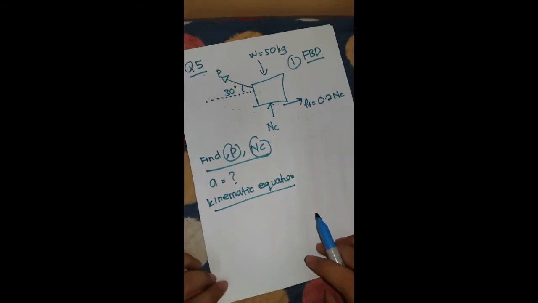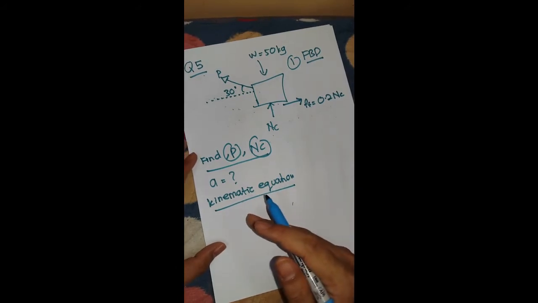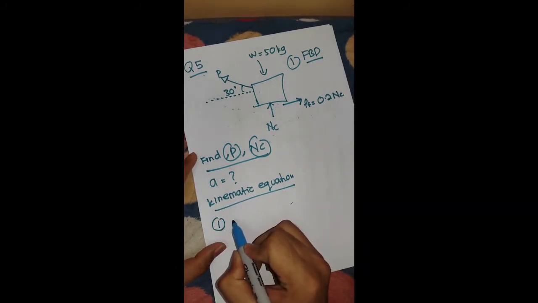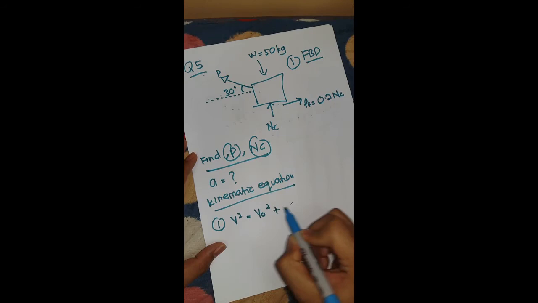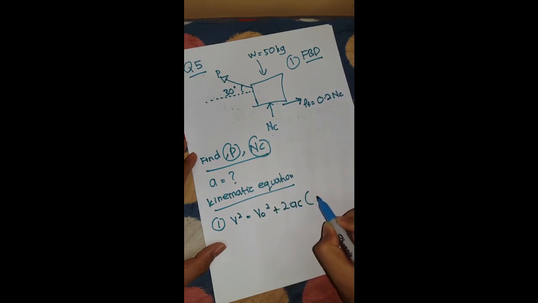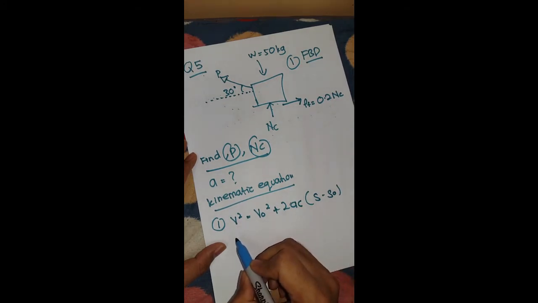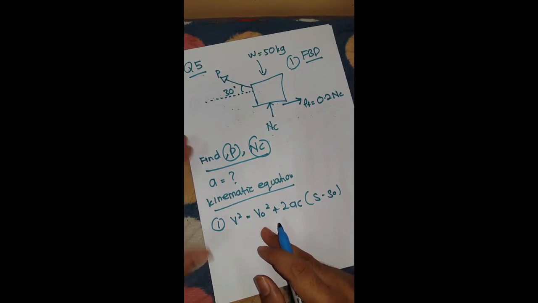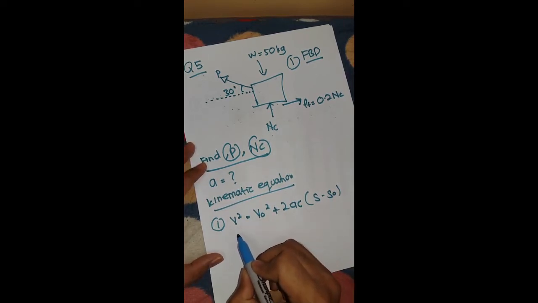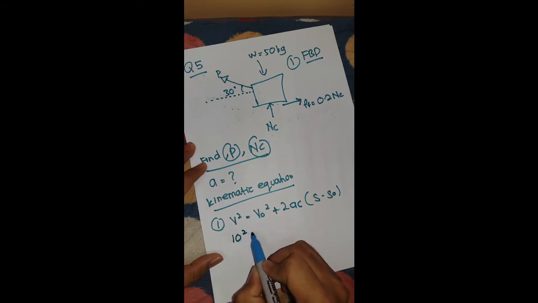The kinematic equations have 3. We're going to use only one, which is v squared equals v naught squared plus 2a(s minus s naught). S is distance, so we just put in what has been given. The v is given as 10.